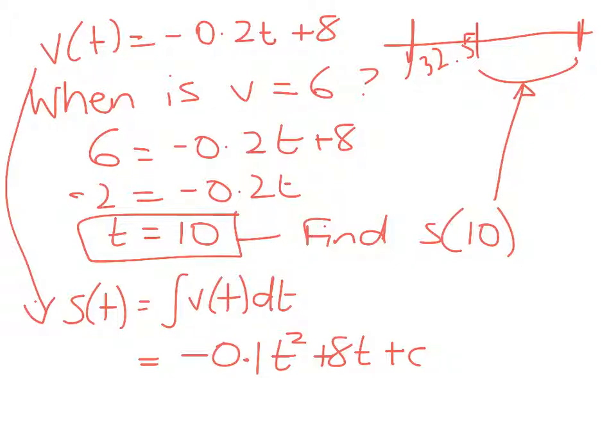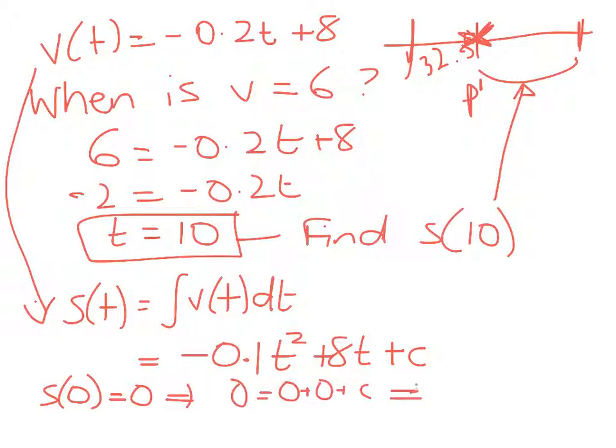Now we'd better figure out the plus c again. At that starting point, how far had he gone from P dash? He'd gone nowhere, so s of 0 is equal to 0.